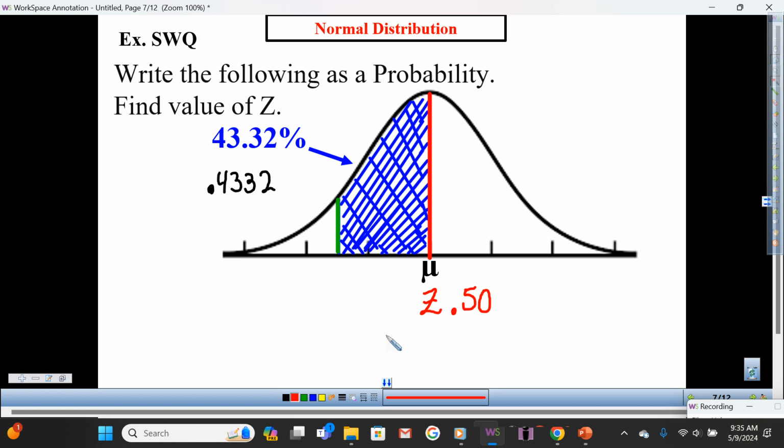We subtract it to get 43.2. So 50 from 43, or 0.4332. Okay. And what does that give us?